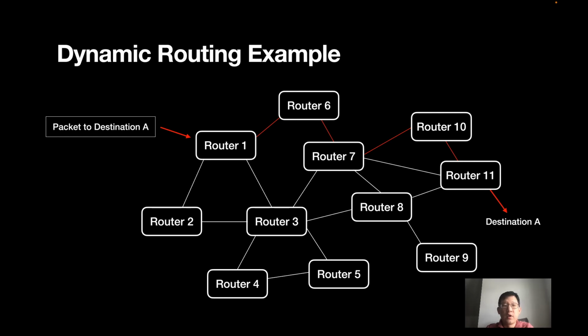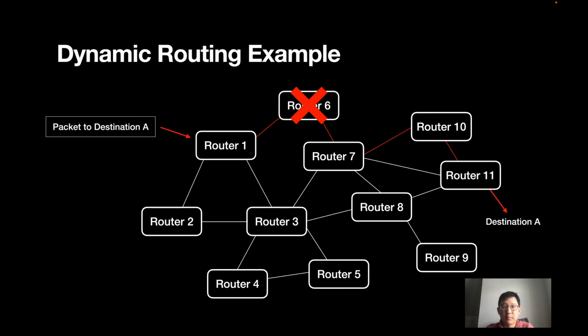Here is the routing example that I provided earlier. If you recall, we have a packet going to destination A that comes into router 1, and it takes the path router 1, 6, 7, 10, and 11. Now let's say a router on the path goes down. Let's say router 6 goes down.